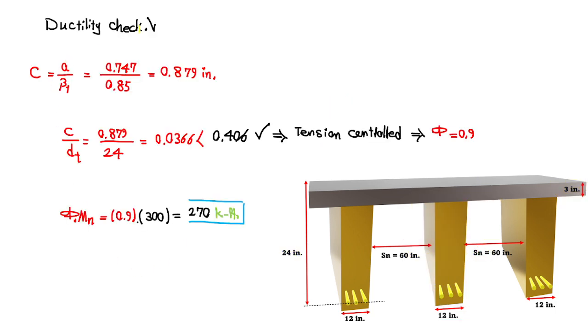And then for the ductility check, you need to go through c, which is a over beta 1, and gives you this amount of neutral axis. c over dt, which is again 24, gives us this number, and that's smaller than this number, which is for grade 40 steel. It's a tension-controlled section, so you can use phi equal to 0.9. Phi times Mn, the design moment, is 0.9 times 300, which gives us 270 kip-feet.